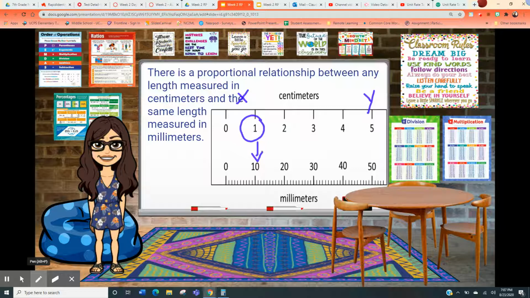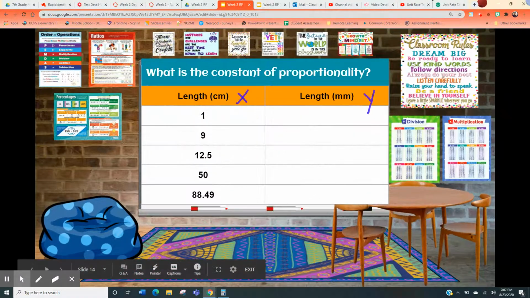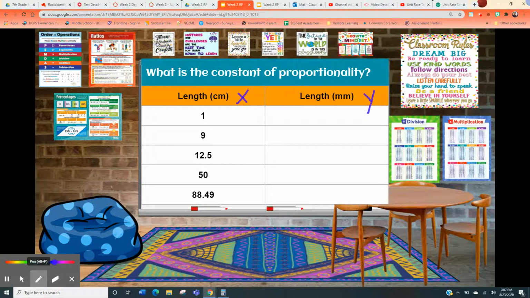So we can use that to fill in the first section in our table. Let's go ahead and go back. Okay, so like we said, for every 1 centimeter, it was 10 millimeters. So we want to go ahead and fill in the rest of our table.